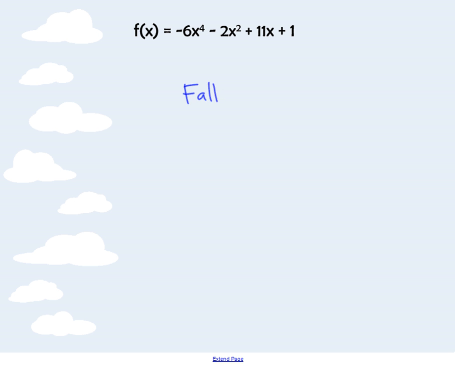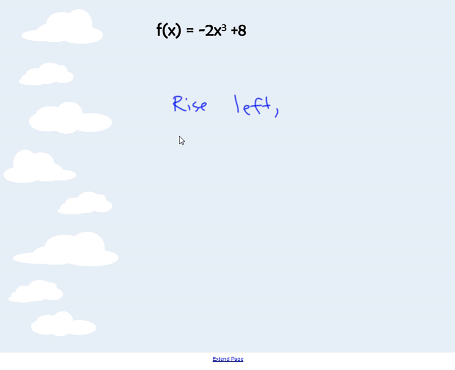Falls left, falls right. So this one is odd and negative. So that means if I think back to what it looks like, this one is going to rise left, and then it's going to fall right.